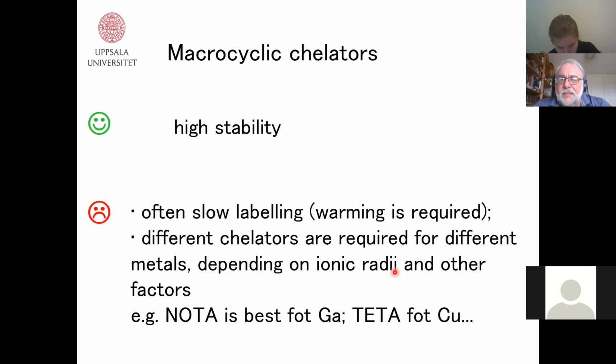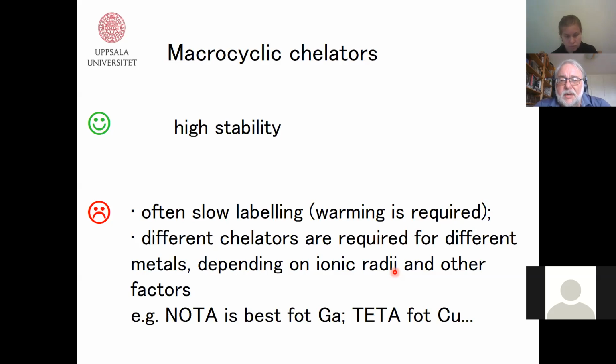So to speed up this process, we often need to warm the reaction mixture of targeting protein conjugated with a macrocyclic chelator and our radiometal. Some proteins, peptides generally withstand warming easily. Some proteins, like scaffold proteins, withstand warming easily.